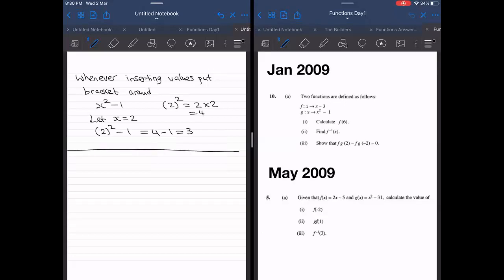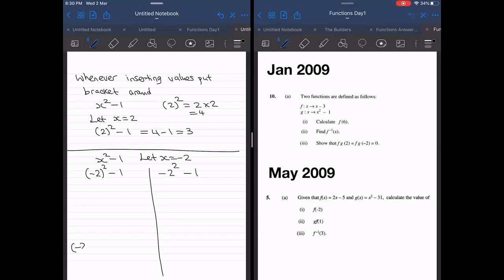However, using the same x squared minus 1, let's say let x be minus 2. I'm saying that whenever we're inserting values, put the bracket around it. Why? Because these two things will not give you the same answer.